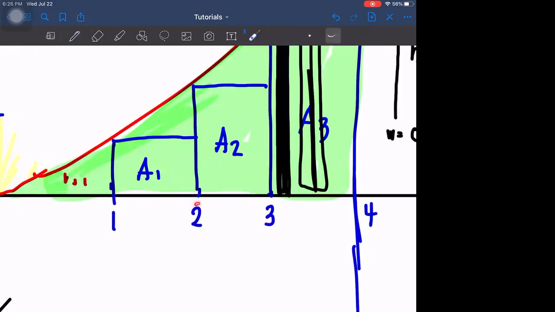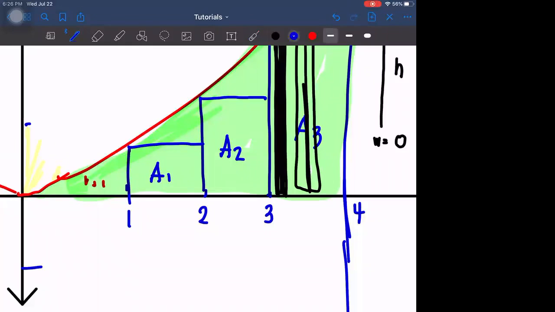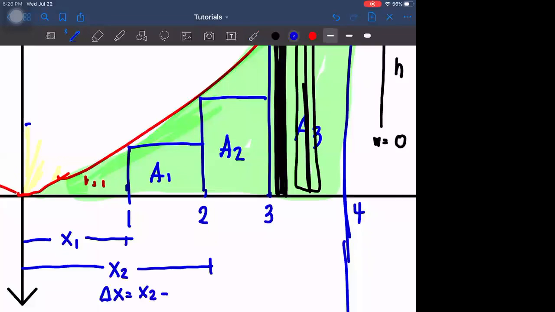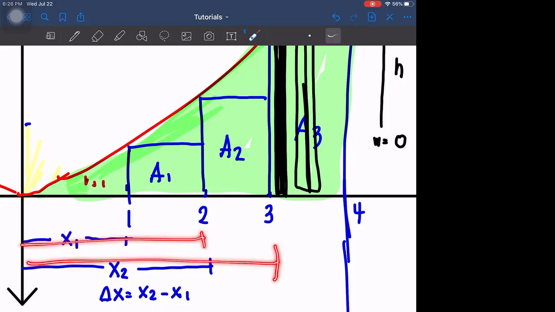This is x, x sub 2 o x sub 1. Meaning, ang delta x here is equal to x sub 2 minus x sub 1. Pilay x sub 2? 2 minus 1. This is 1. Kanina po, si 3 minus 2. It's still 1.